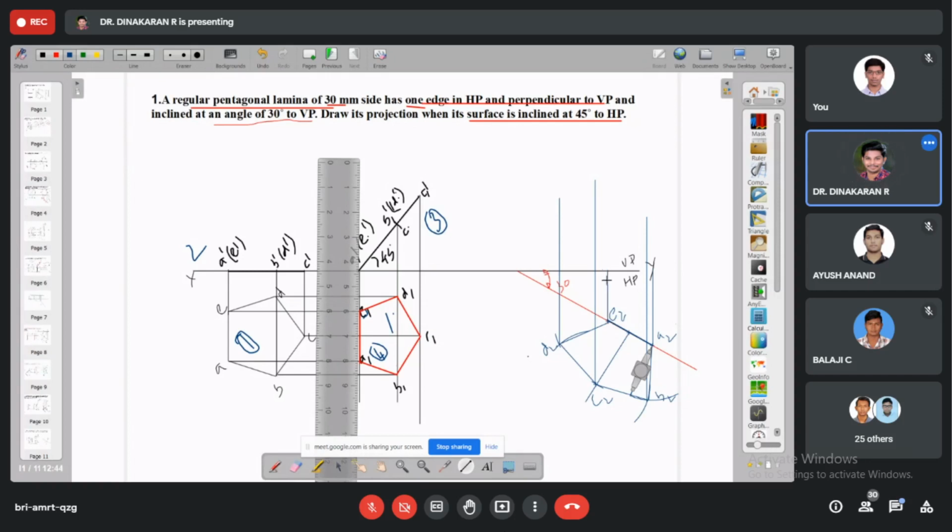Then mark from the horizontal line. A is coming at the same reference line, B and D, and finally C point.